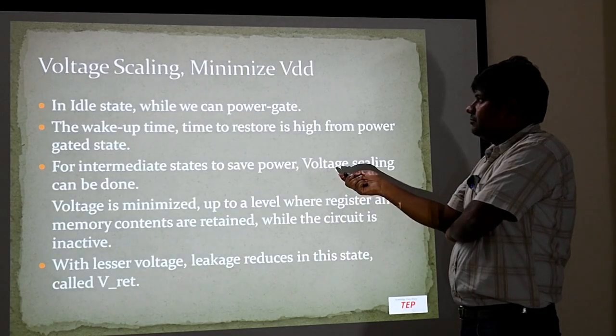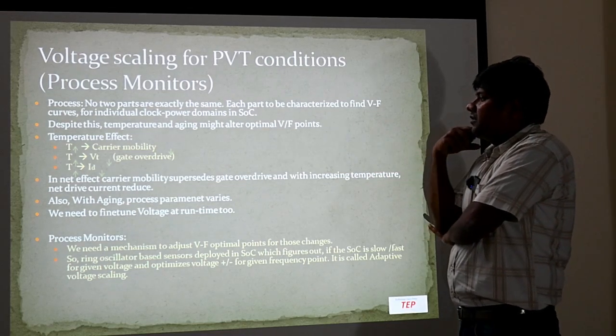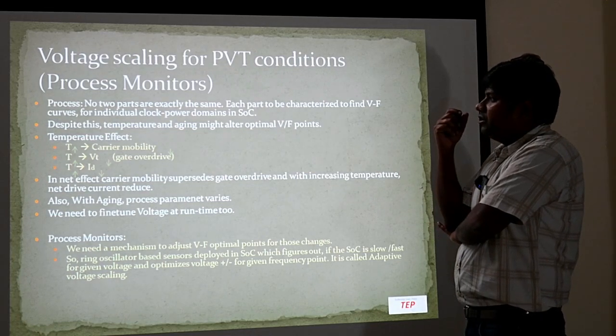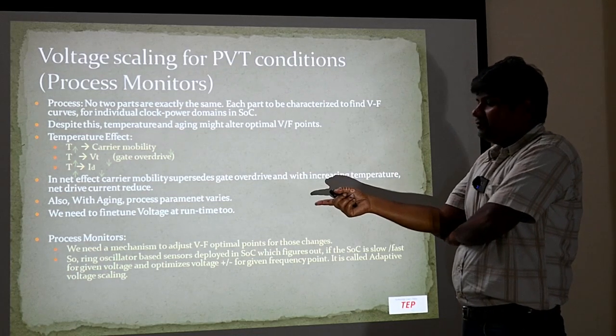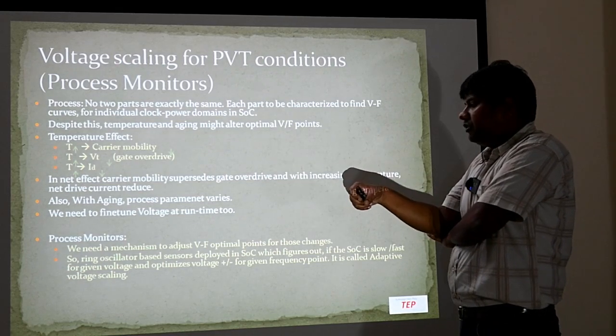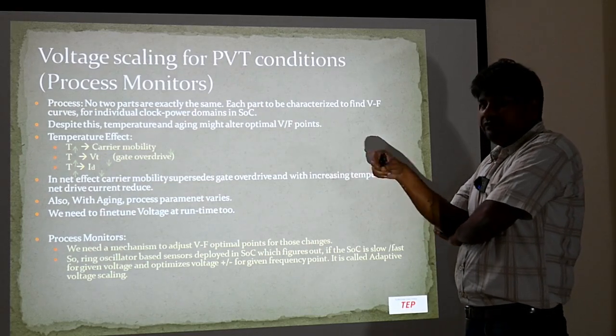Even after that, during runtime, either due to temperature changes or due to aging effects, there will be changes in how the silicon behaves, in the frequency or the delays for a given voltage.